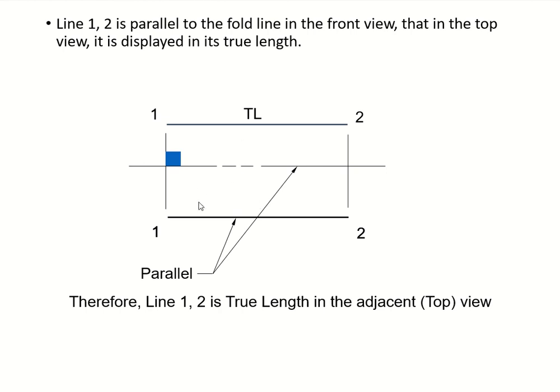Next, your line 1, 2 is parallel to your fold line, and we're talking about the front view. Your adjacent view is your top view, and it displays the true length.